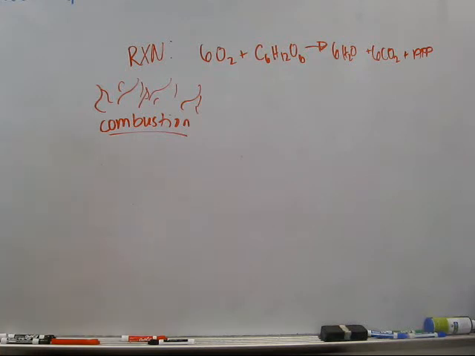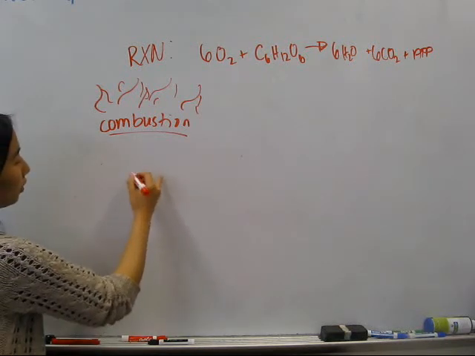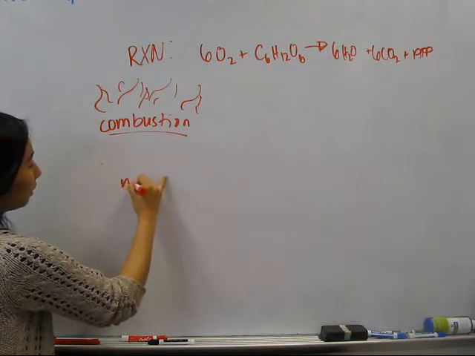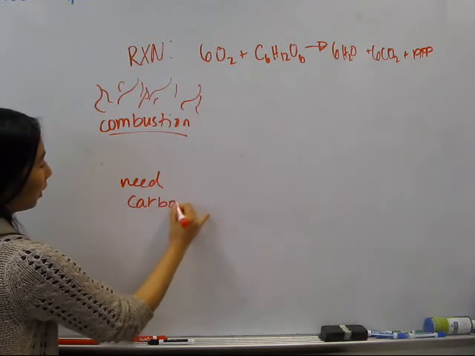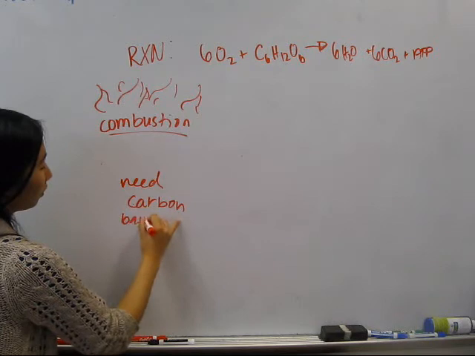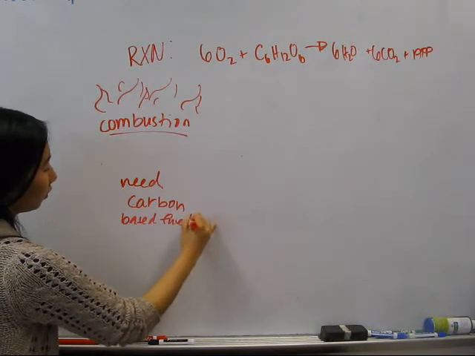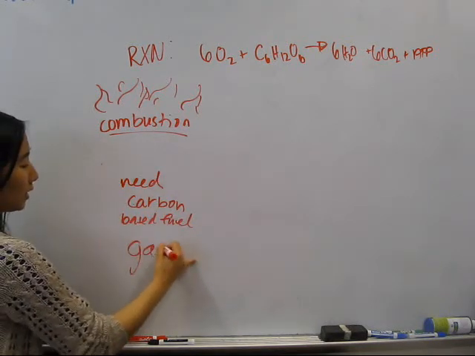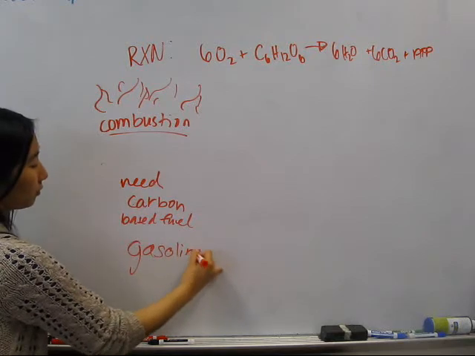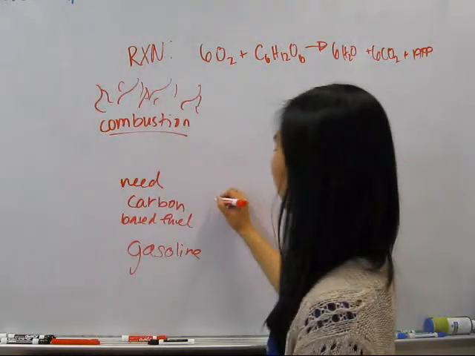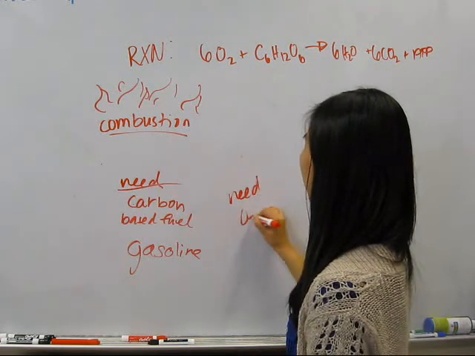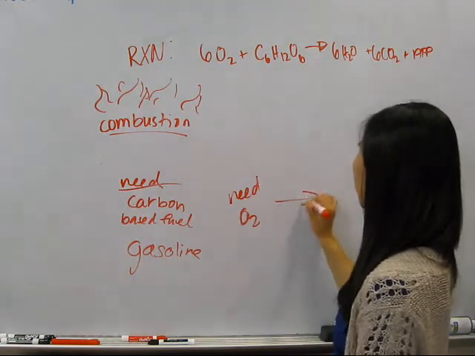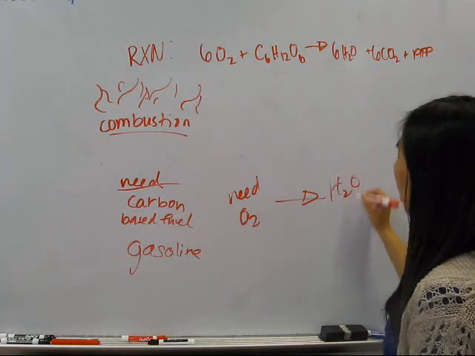When you burn a carbon-containing fuel, you need a carbon-containing fuel, carbon-based fuel. Let me use gas as an example. You need carbon-containing fuel, you need oxygen gas, and you produce water.